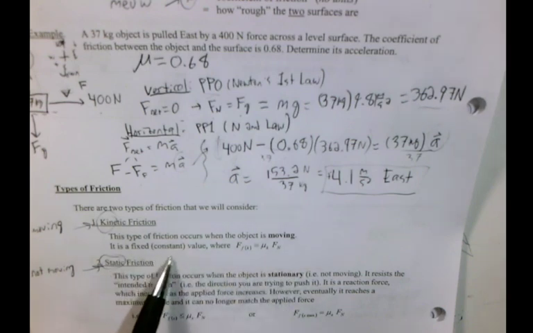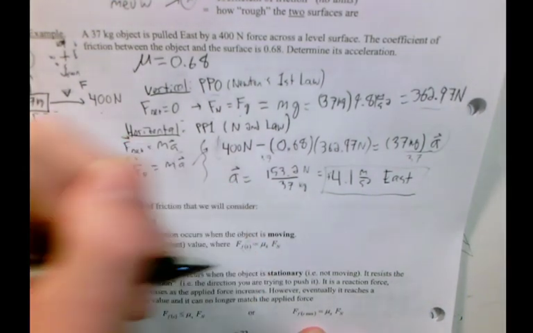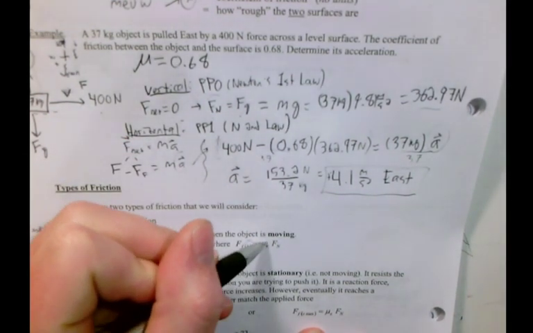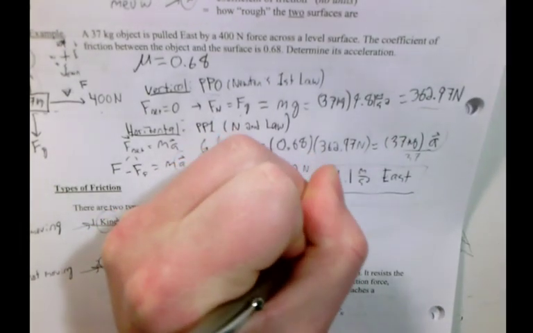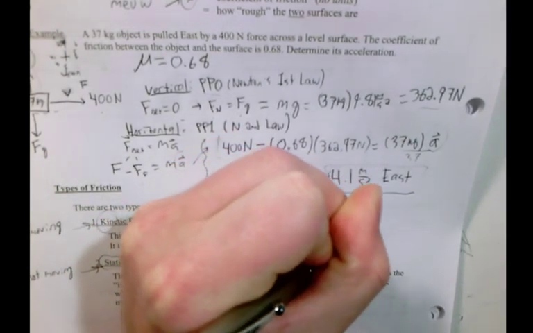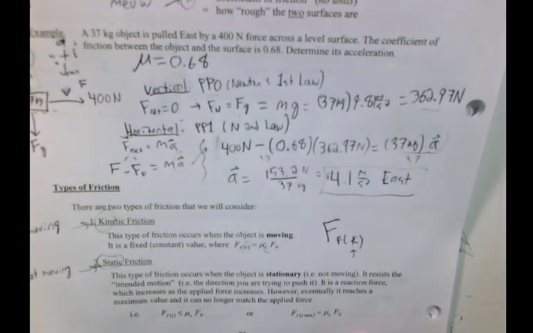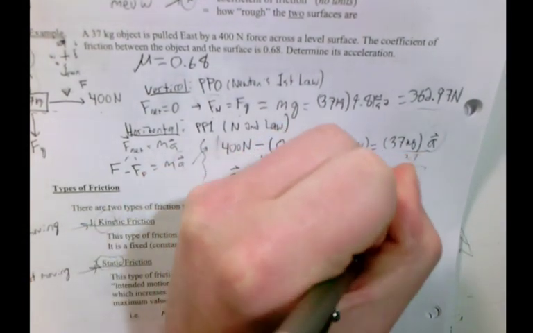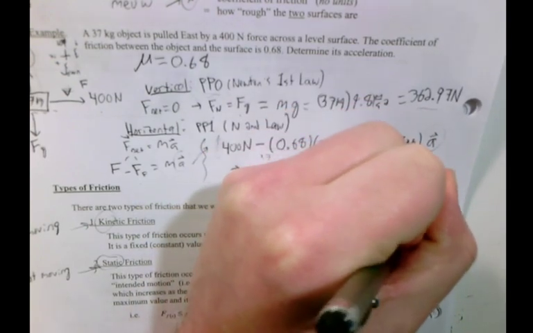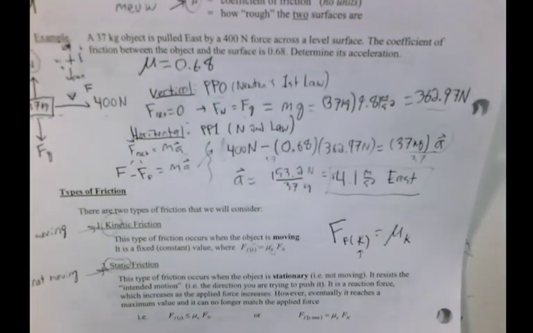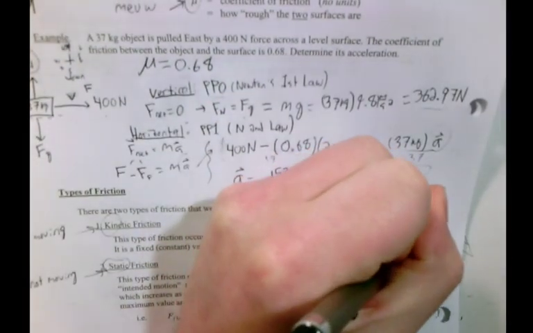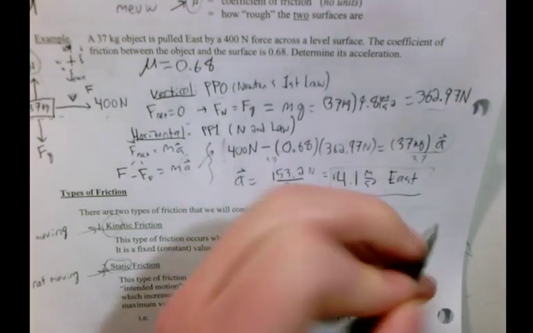It'll be a constant value, and we're going to denote it with this little subscript k for kinetic. So our force of friction, kinetic, right, with our little k, relies upon our coefficient of friction, and that's our kinetic coefficient.